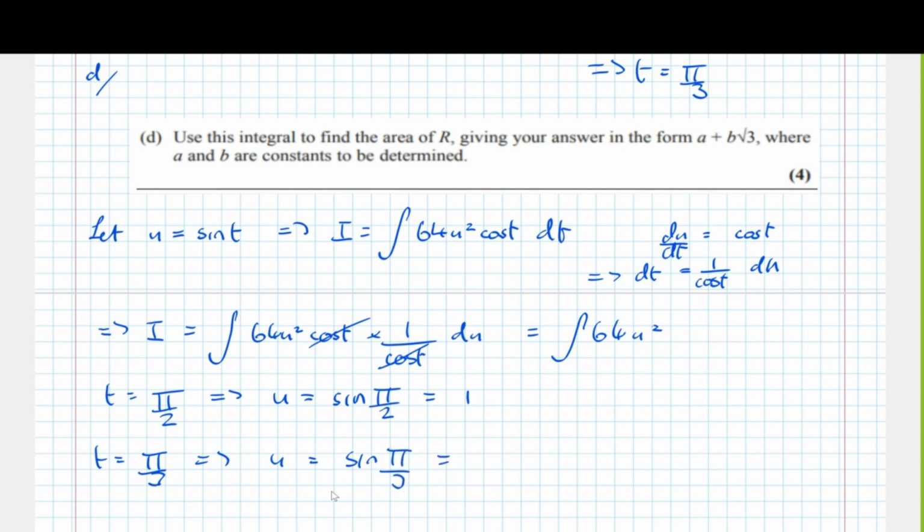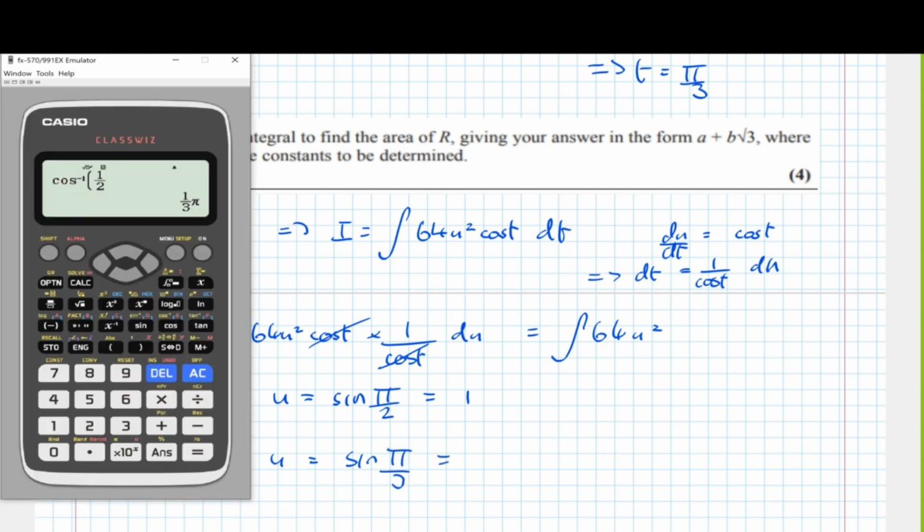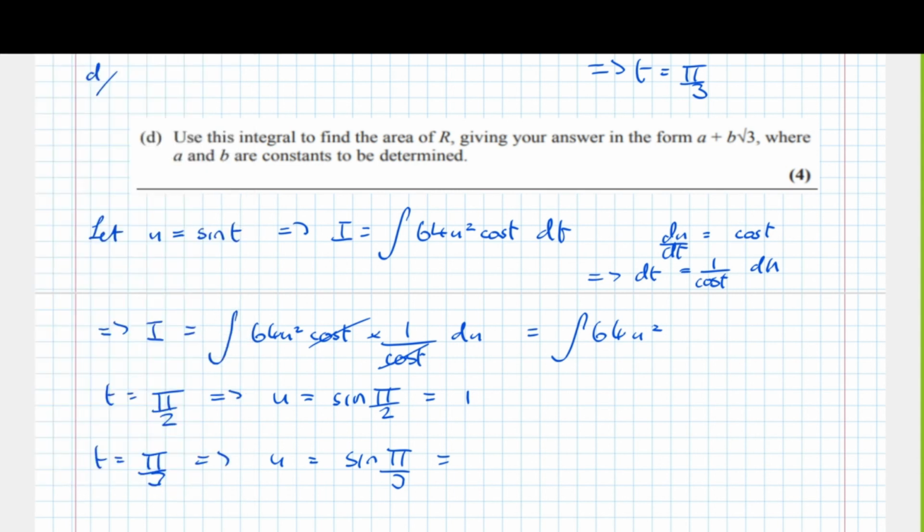And I always get these mixed up, so I'm going to use the calculator for that one. Sine of pi over 3 is root 3 over 2. So the lower limit is root 3 over 2. So we've got between 1 and root 3 over 2.